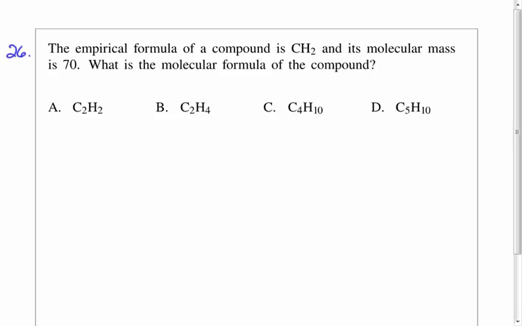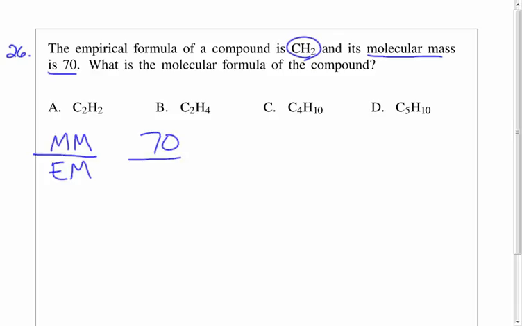For number 26, same process, actually the same empirical formula even. We're just starting with a different molecular mass. This time it's 70. So remember, our ratio is molecular mass over empirical mass. We can kind of shorten it like that. So our molecular mass is 70. Our empirical mass, we already figured it out on the problem before.